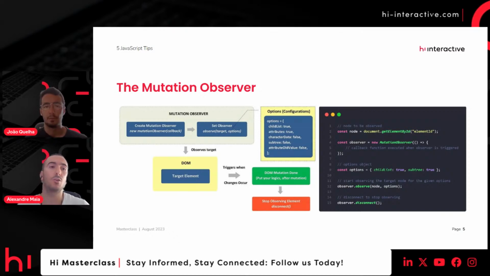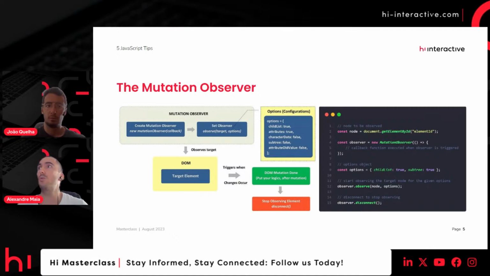Basically, the Mutation Observer allows you to observe, so you watch a node that is on your HTML, and then you provide some options. So, for example, you can just listen to changes on a specific attribute on that element, or you can try to understand changes on the subtree. So it may not even be on the element itself, but on some sub-element inside that element.